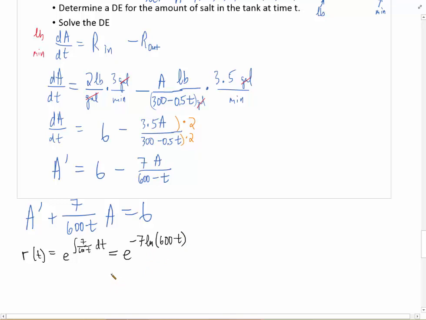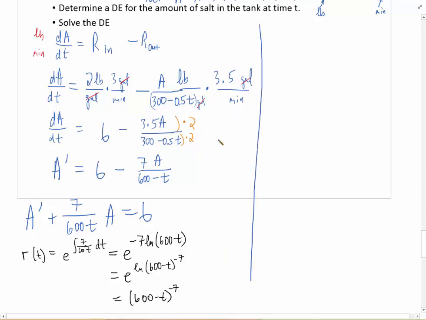We use our properties of logarithms, and that's e to the natural log of 600 minus t to the negative 7th, and e to the natural log undo each other, and so that's just 600 minus t to the negative 7th power, and that's my integrating factor.